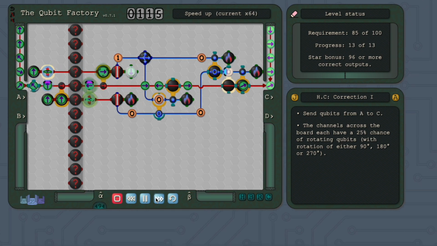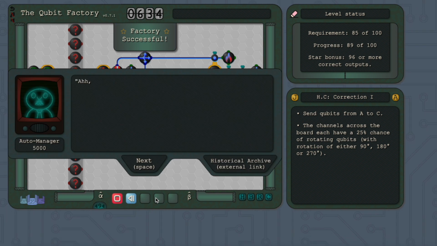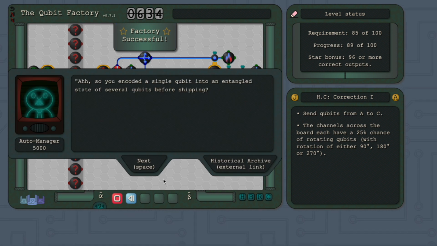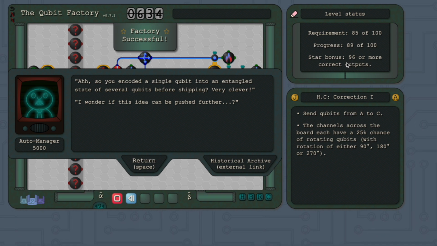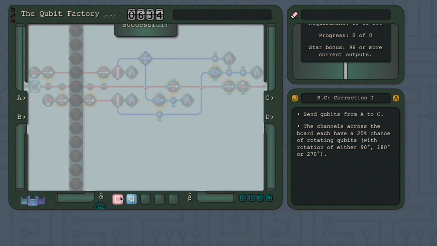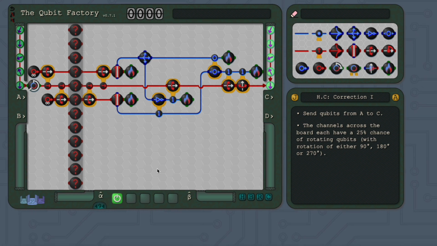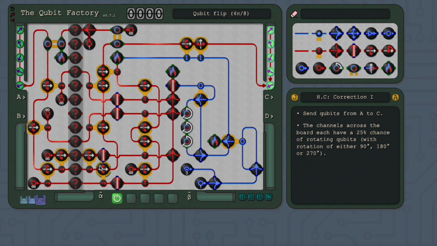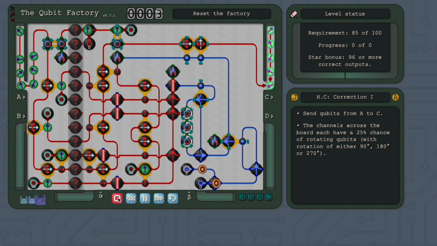Let's speed this up, and we pass the level, so 89 out of 100. However, we still fall short of the bonus criteria, which requires a much more sophisticated error correction strategy. So I can give you a preview of what this looks like. Here is one I prepared earlier, which basically follows the same strategy, except it uses more ancillas in this encoding and decoding procedure.